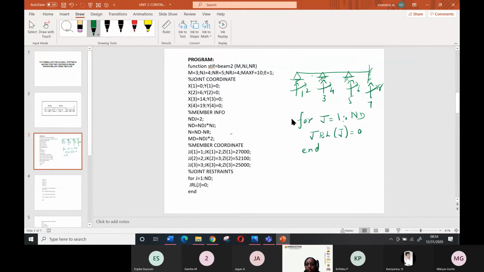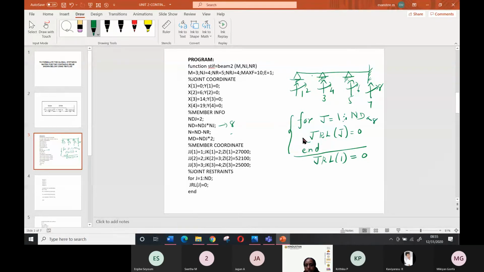The output for this is that first the computer will take j is equal to 1. So JRL of 1 is equal to 1, what I am writing is the answer. It will do this up to nd, up to 8. We have calculated nd here: nd is equal to 8. So up to 8 it will check, then it will again do it.